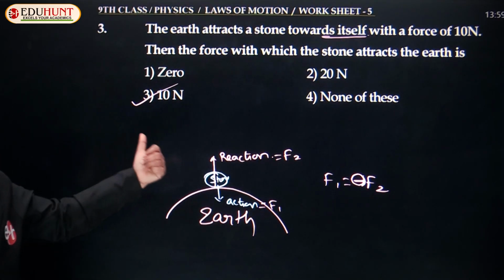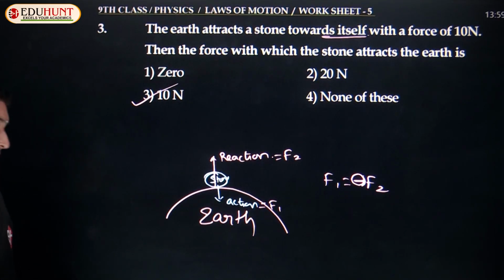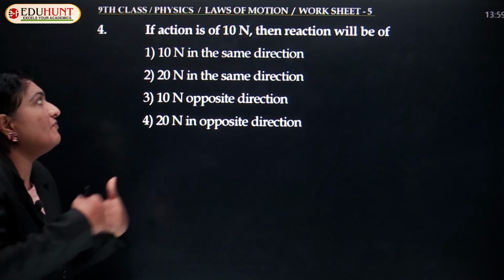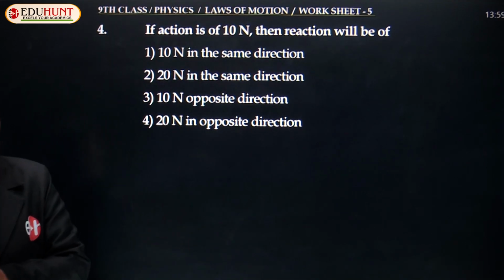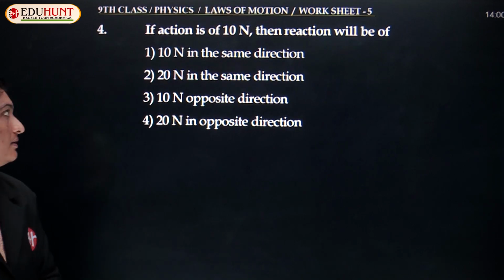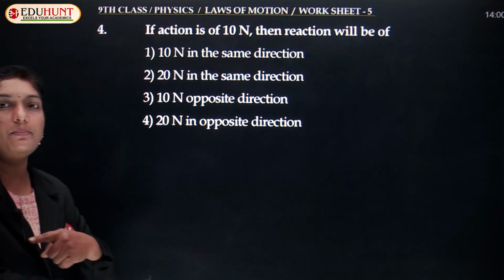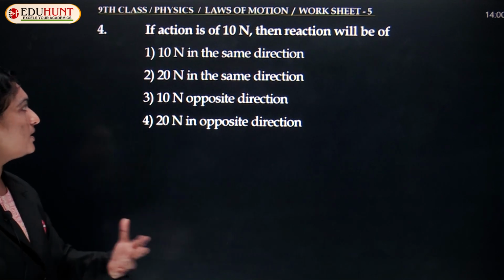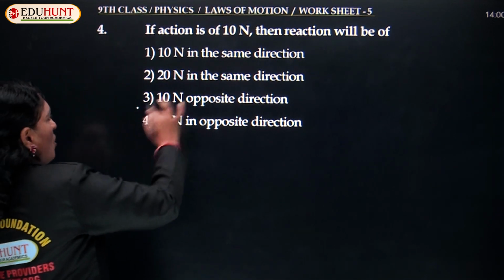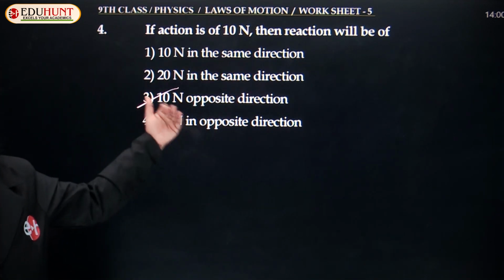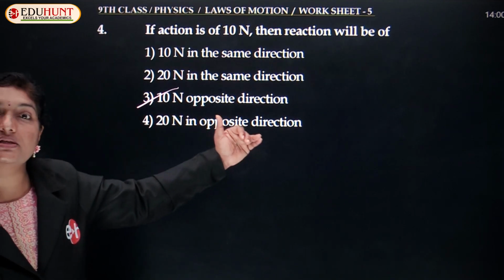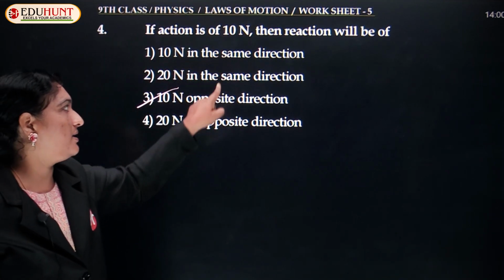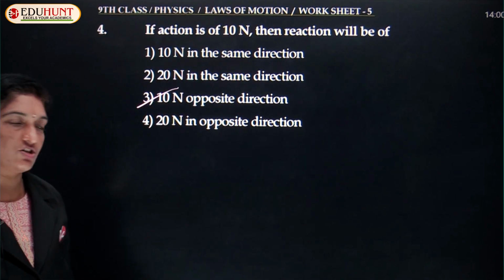So the correct option is 10 newtons. Moving ahead with the fourth question, children: if action is 10 newtons, then the reaction will also be 10 newtons, but in the opposite direction or the same direction? Opposite direction. So option 3 must be true: 10 newtons in the opposite direction. It's not 20, it's 10, and not in the same direction but in the opposite direction.